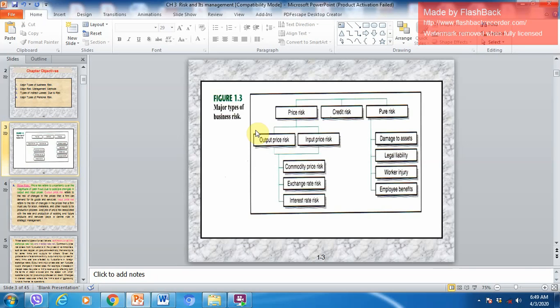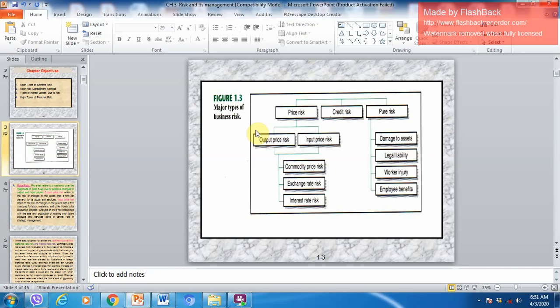We discussed the price risk, the first one. Under price risk, we discussed two further categories, called input price risk and output price risk. All the ups and downs associated with the inputs of the products that you are making come under input price risk: raw material from the supplier, all the inputs.